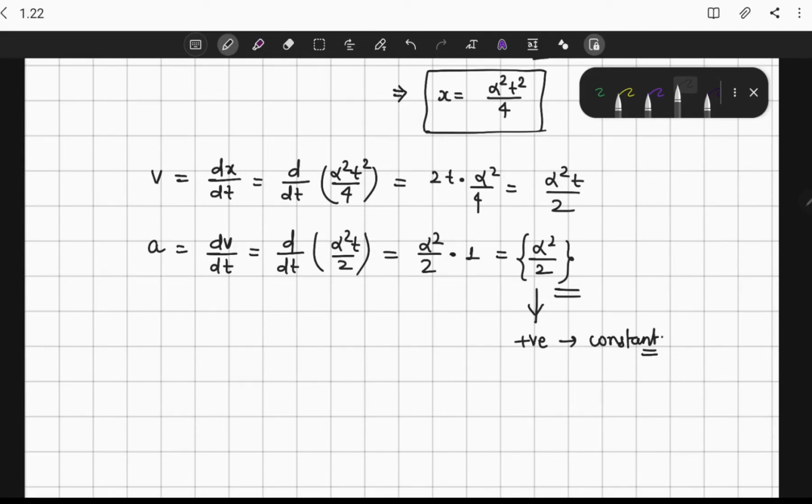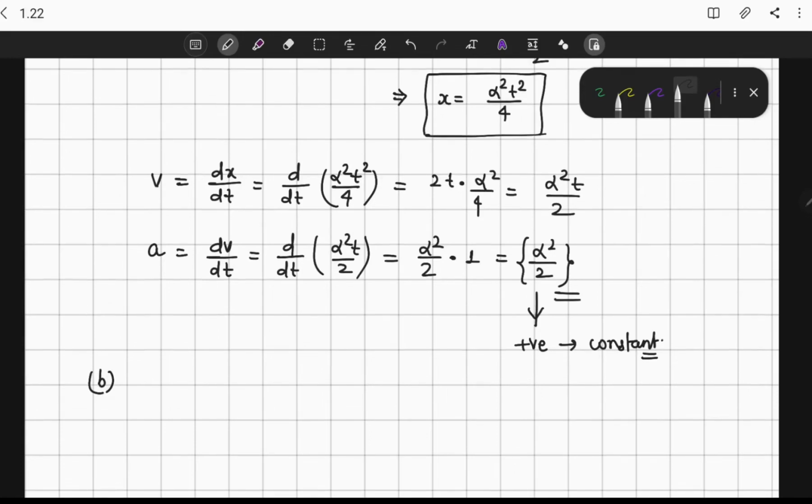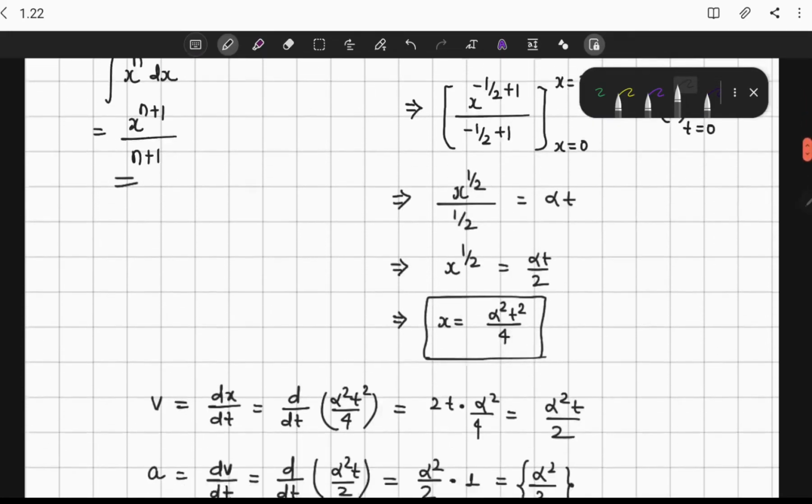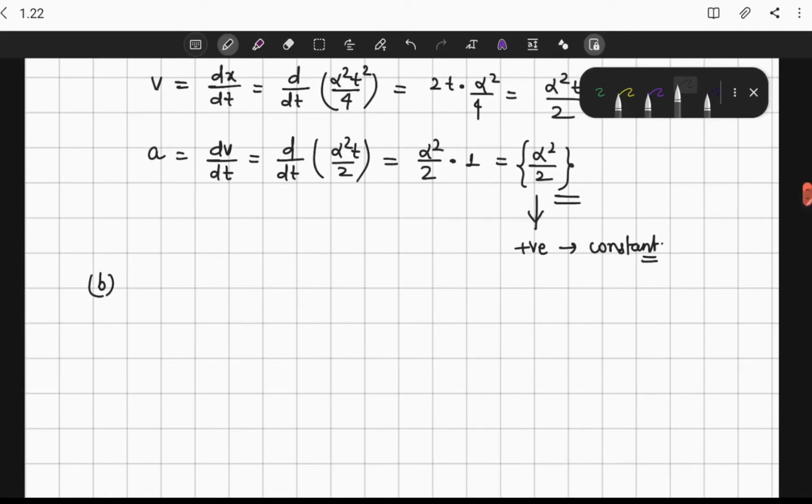Okay, in the second part it is asking to find the mean velocity of the particle averaged over the time that the particle takes to cover the first s meters of the path. So we have seen this earlier, that when we have constant acceleration, in that particular case we can write the mean velocity as the initial velocity plus final velocity divided by 2.